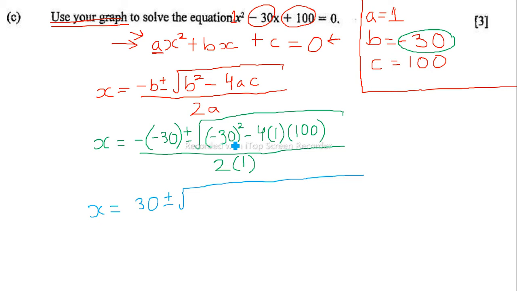Positive 900. 30 times 30 is 900. Positive 900. Good. Minus, what is 4 times 1? 4. And what is 4 times 100? 400. Good.